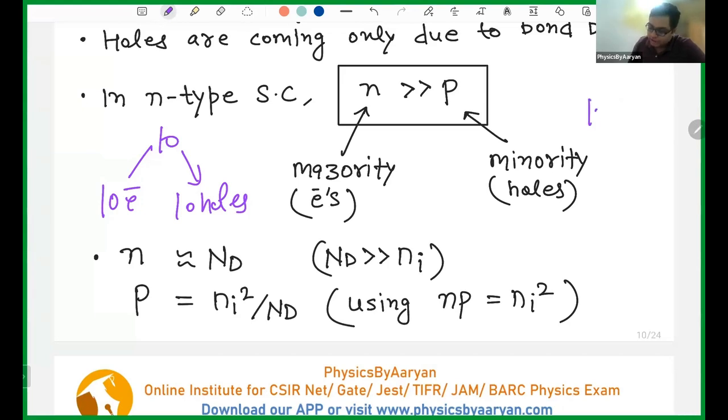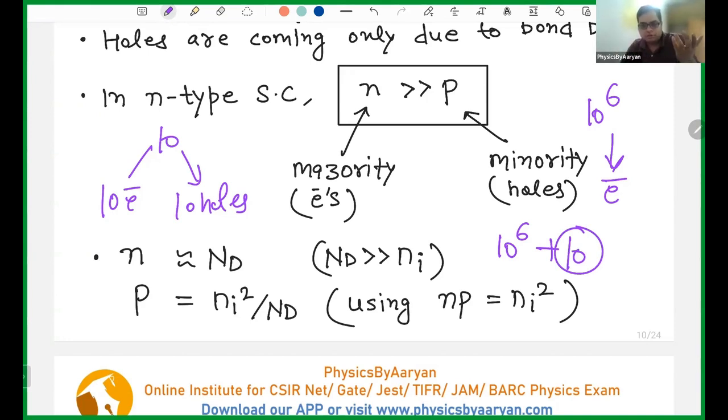Let's say you put 10 to the power 6 phosphorus atoms, so 10 lakh phosphorus atoms. Each phosphorus atom will give you 1 free electron. So what is your total number of electrons? 10 to the power 6 plus 10. Can I ignore this 10 with respect to 10 to the power 6? Obviously, I can.